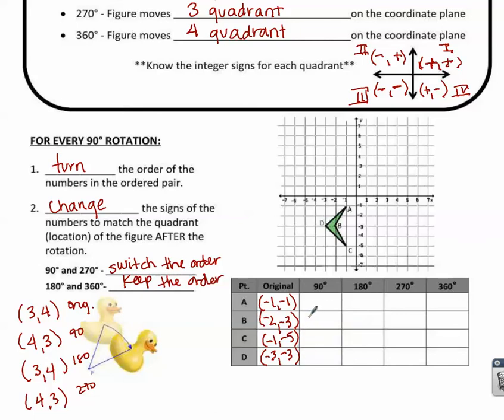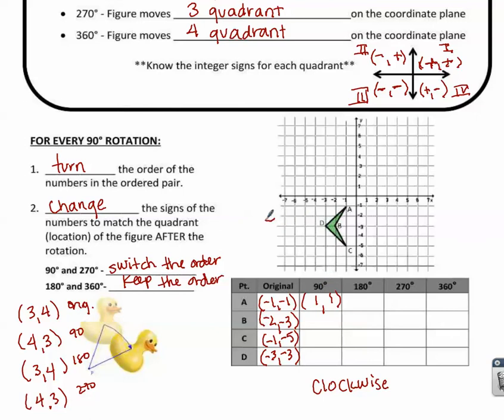So if I do this at 90 degrees, let's say 90 degrees clockwise. So we'll do clockwise. You're going to flip your numbers every 90 degrees that you go. So for example, -1, -1.